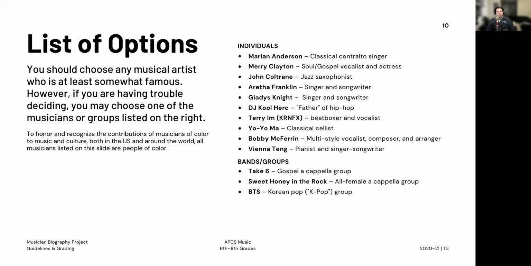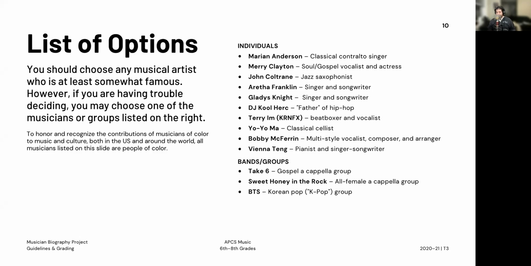List of options. So this is what I mentioned. If you're having trouble choosing, you're not sure who to do your project on, these are some people or groups that you can do your project on. And to honor and recognize the contributions of musicians of color to music and culture, both in the US and around the world, all musicians listed on this slide are people of color.